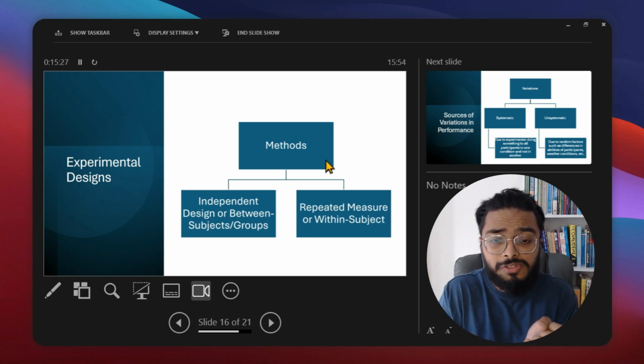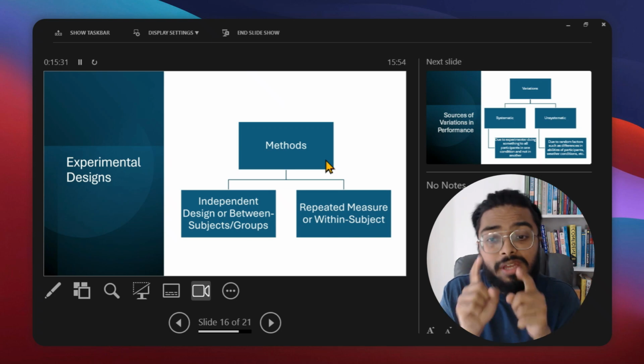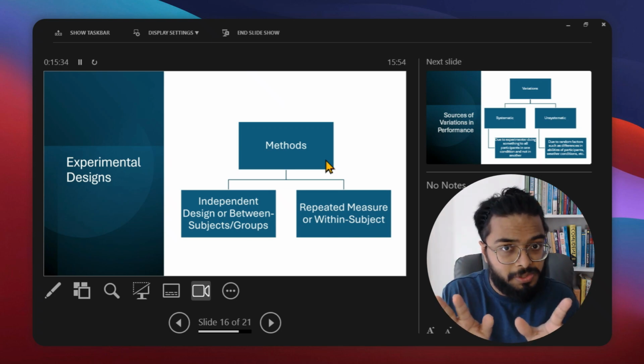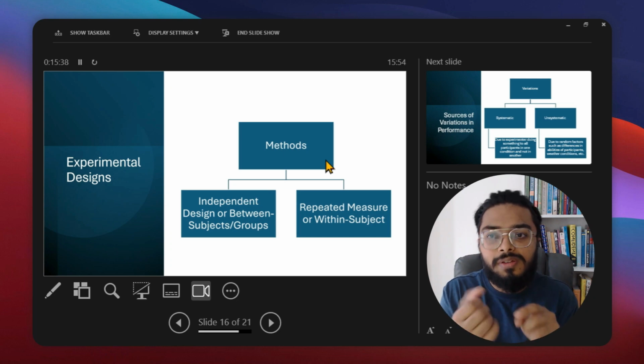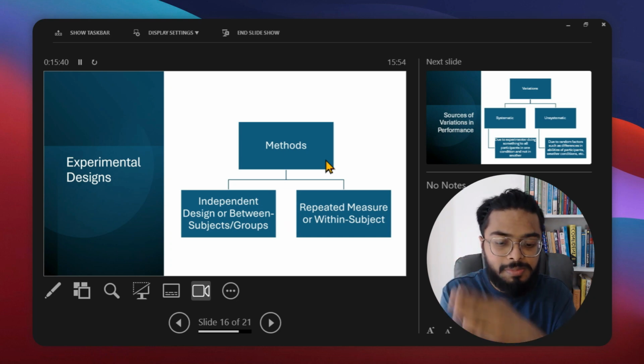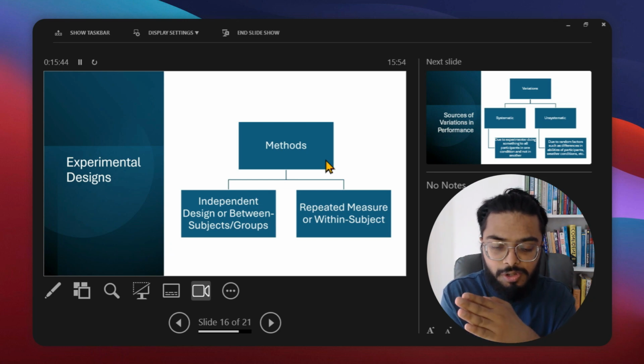So in independent design, it was, for example, CBT versus placebo. In this one, to keep it simple, in repeated measures, you are giving CBT to one group of people only, and you're doing a pre-test and post-test. So you're comparing the difference in what their trauma symptoms were like.